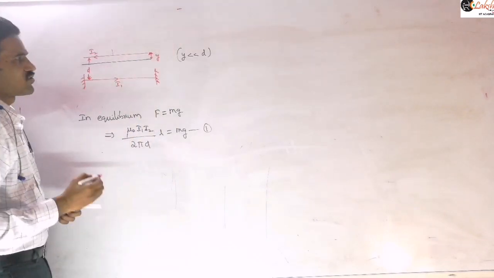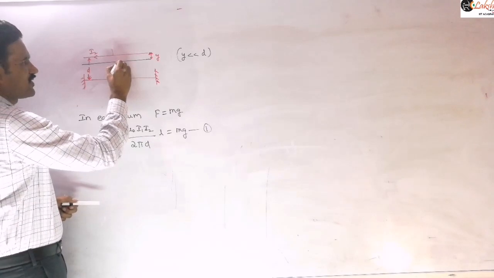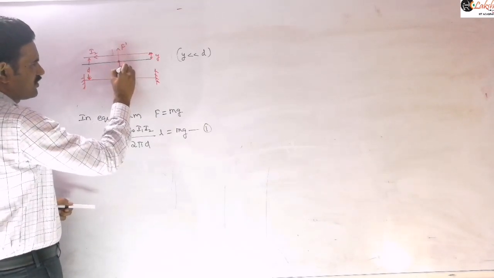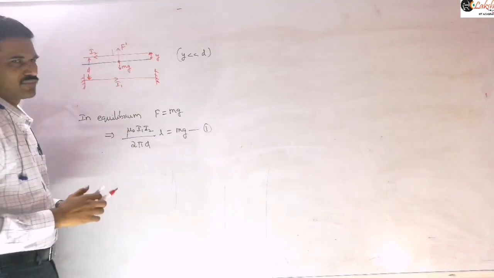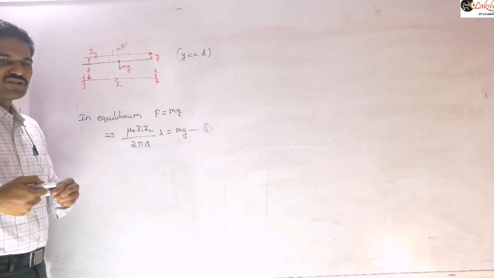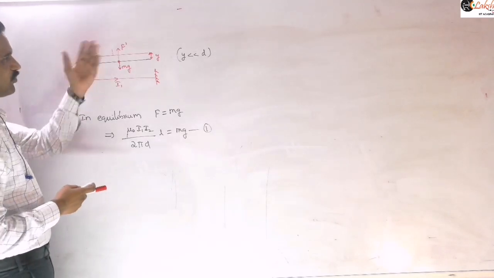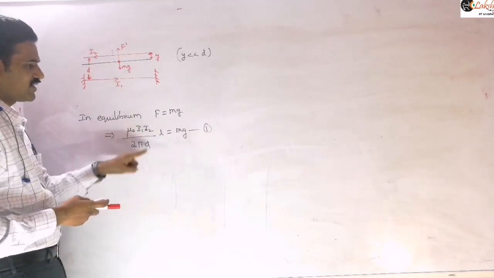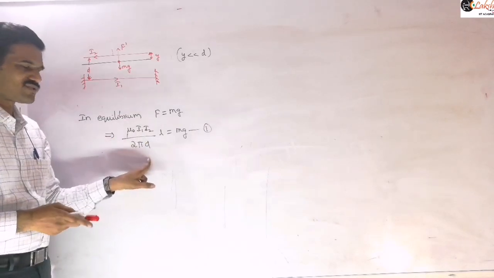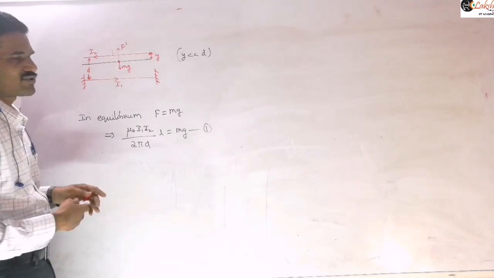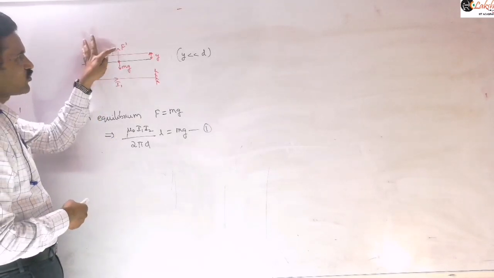Once this wire is displaced, this force F dash will be along this direction and mg along this direction. As the separation between the two wires is decreasing, this upward magnetic force will increase. You can observe that this magnetic force is inversely proportional to d. So as we are depressing it slightly by a distance y, this magnetic force increases.